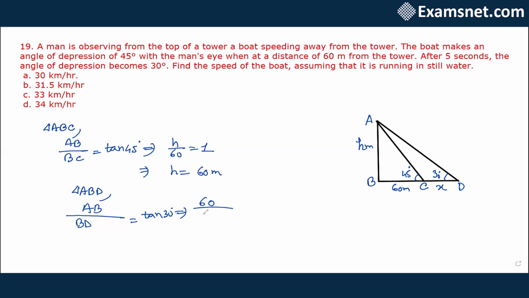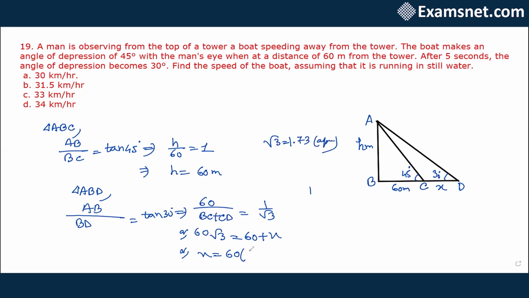And BD can be broken down as BC plus CD equals to, we know the value of tan 30 degree, which is 1 by root 3. Let's put all the values and do the cross multiplication. BC 60 plus x. So from here, we can write x equals to, after taking 60 common, okay, let me tell you the value of root 3 is 1.73 approx.